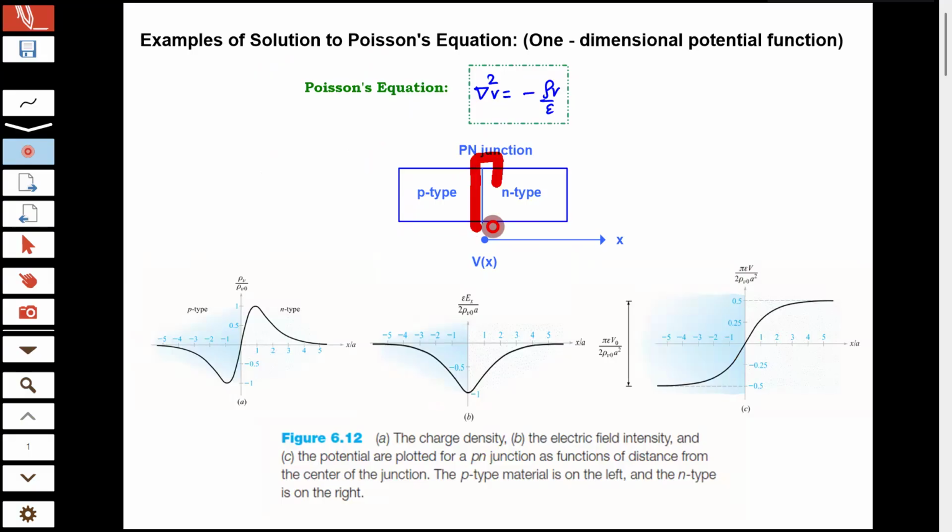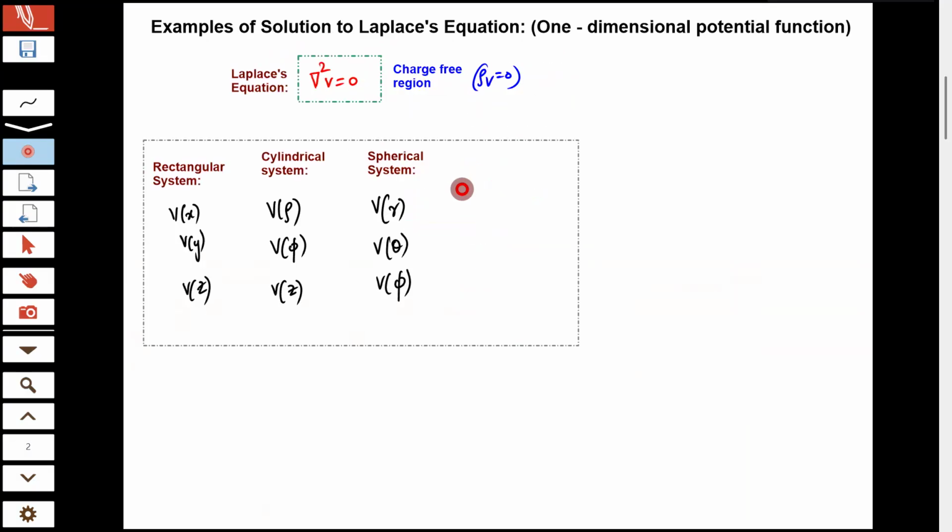In this case, this region has charge concentration, but in some examples where the region has no charges between the two potential variations, we can make use of this Laplace equation and solve it to get the potential function. In turn, we can estimate the capacitance effect between the two different potential regions.